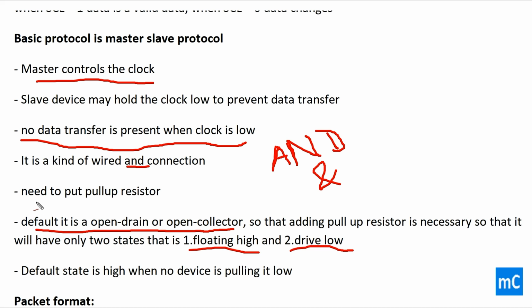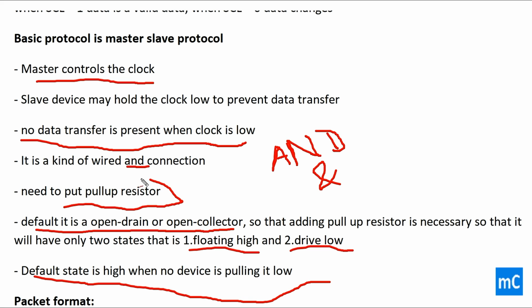That means by default I2C lines will have a high state. So whenever the device needs to be pulled low, it will go low. At that time data transfer may happen. That is the need for adding the pull-up resistors.